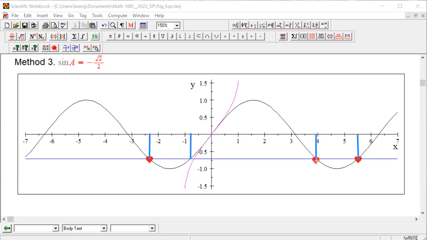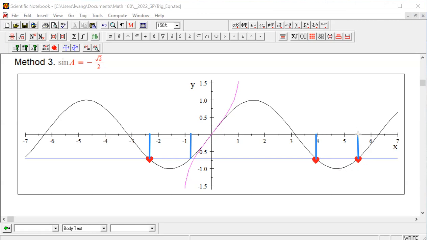And what is this one? Can you figure that out? I'm going to leave that for you to think about. Well, it's pi plus pi over 4, so 5 pi over 4.